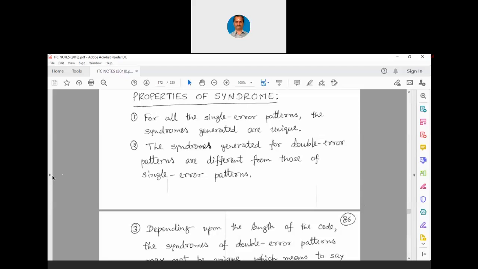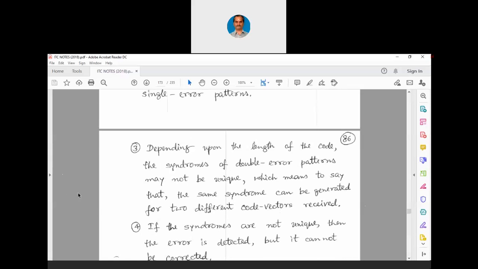That is why in our curriculum we don't have it. We have been discussing only single bit error correction and detection till now, only for the sake of understanding, where we can manually do all the calculations. So the second property is that the syndromes generated for double error patterns are different from those of single error patterns.